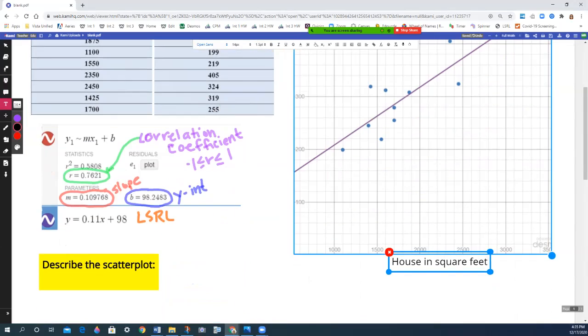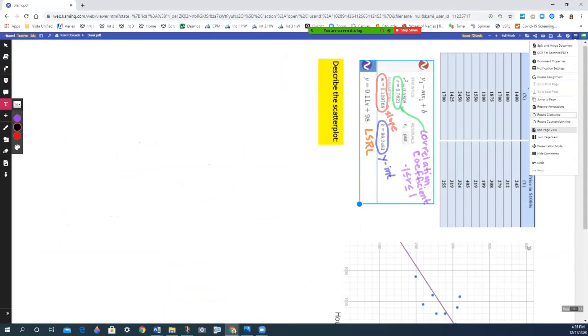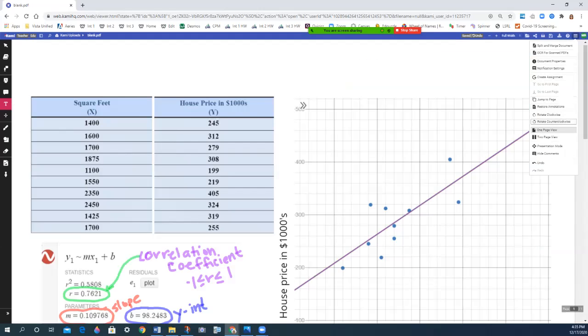Let me adjust this, and let me get my text box. I'm just going to type here house price in $1,000. Then let me flip it back. Oops, sorry, I need to flip it this way.